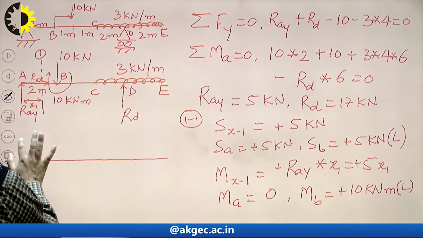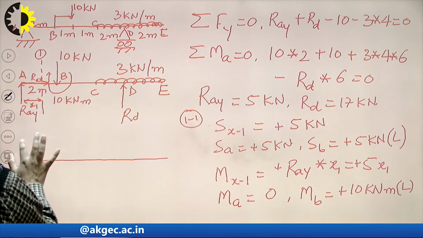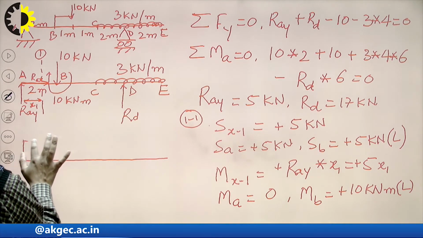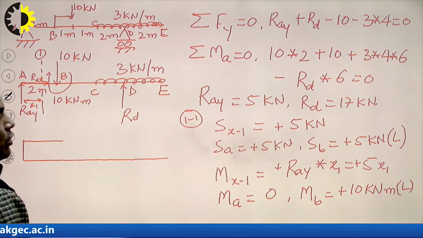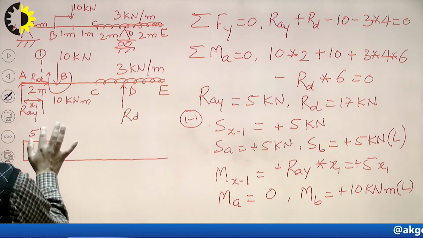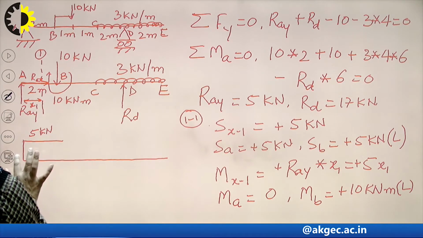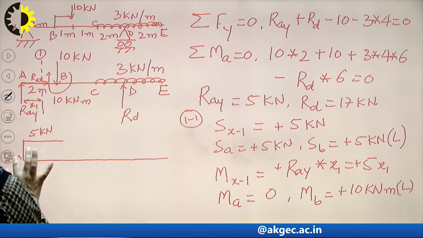So, obviously, the diagram between A to B will be a constant horizontal line, with the value plus 5 kilonewton at point A and at point B.